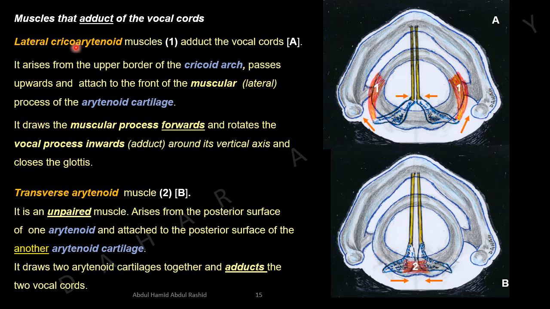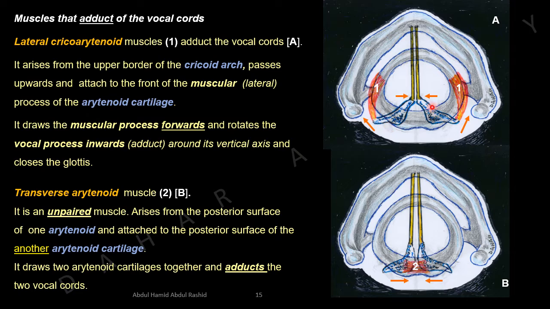The very first muscle is the lateral cricoarytenoid muscle. This muscle is coming from the upper border of the arch of the cricoid cartilage, goes backwards and attaches to the front of the lateral process, that is the muscular process of the arytenoid cartilage.